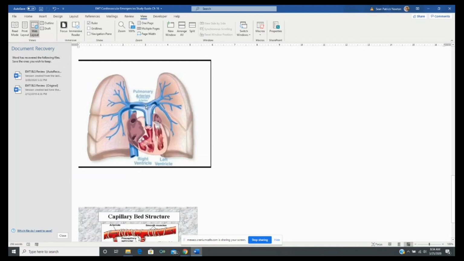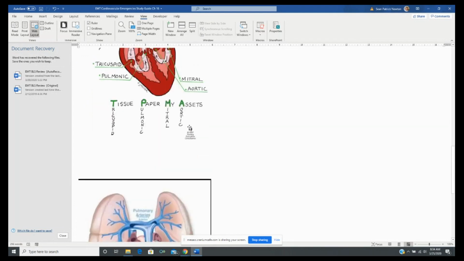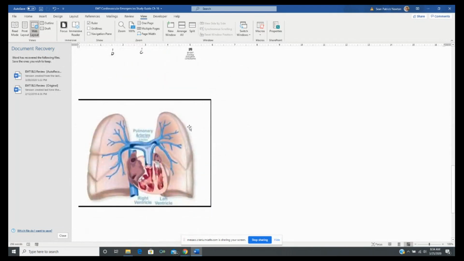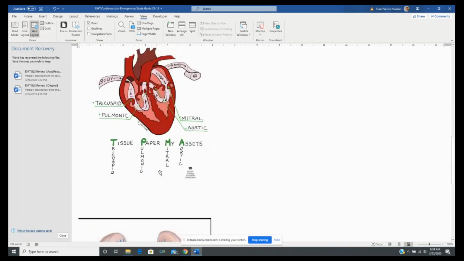So here's our pulmonary artery, and you can see it's going out into all of the areas of the lungs where in the alveoli, through diffusion, we're exchanging oxygen and carbon dioxide. When it's returning back to the left atrium, it's returning in the pulmonary vein.